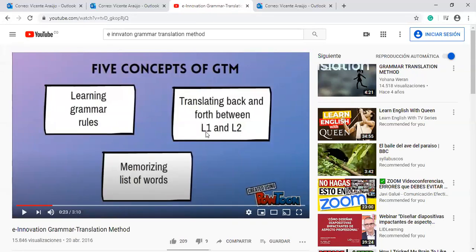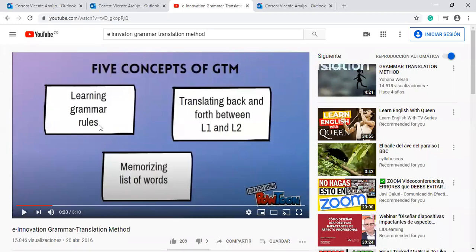Example. Yo quiero café. ¿Cómo se dice eso en inglés? I want coffee. O lo contrario. I want coffee. ¿Cómo se dice eso en inglés? Yo quiero café. Okay. Next, memorizing a list of words.